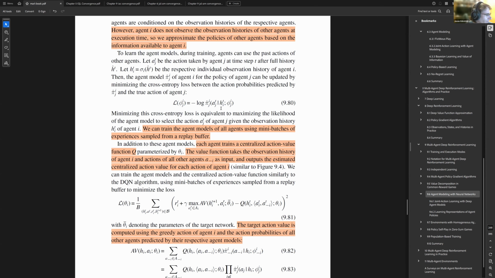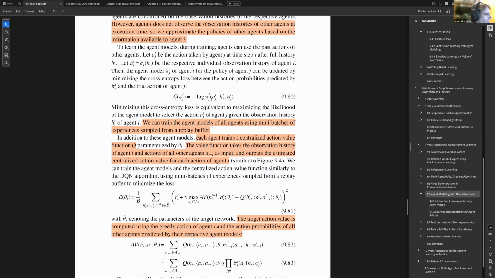That is a lot of parameters and a lot of things to train, but the reason we need to do it that way is because the model of the other agents can only depend on what our one agent sees. Once we deploy this, we have one agent, it gets information from the environment, and it has to use that information to represent a model of the other agents.